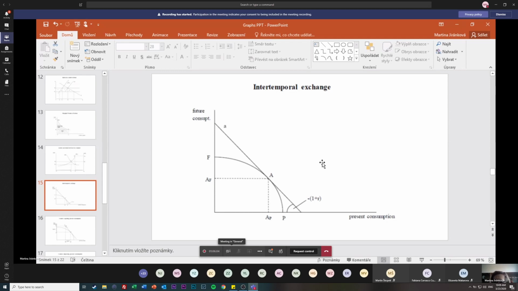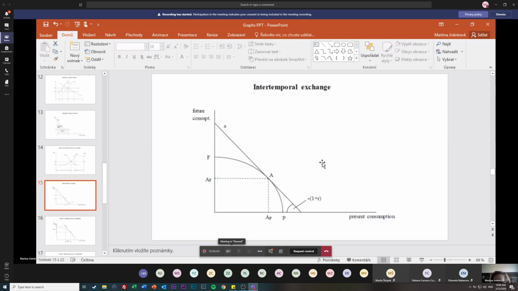Now there are my coordinates. I have some combination of the present and future consumption, and I decide, because I'm an older person, that I would like to have some money after being retired.